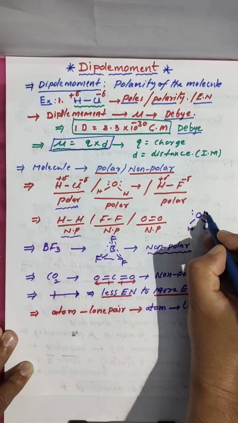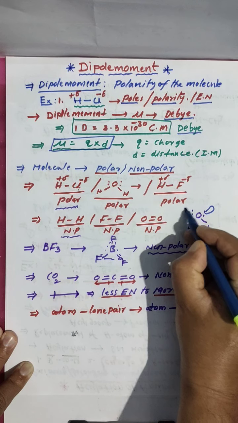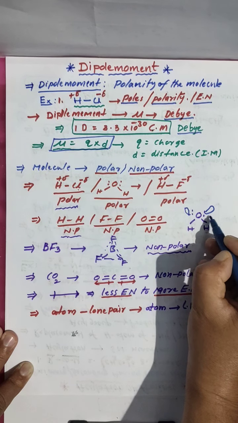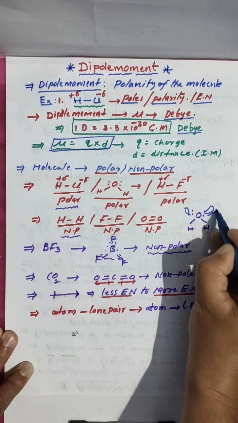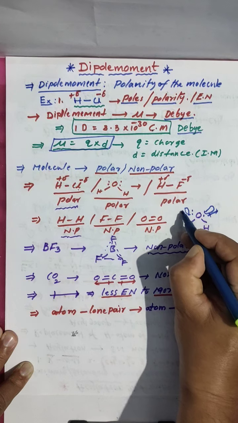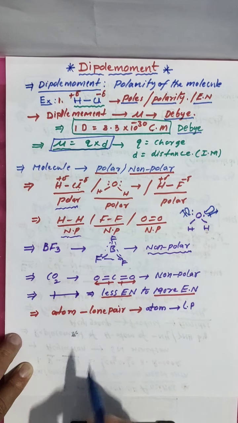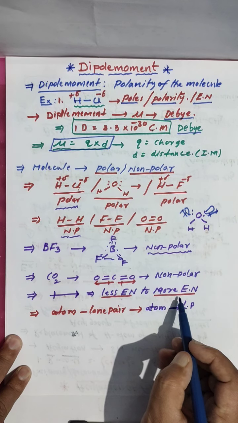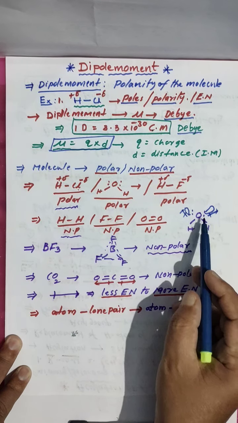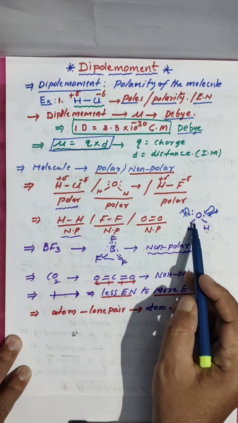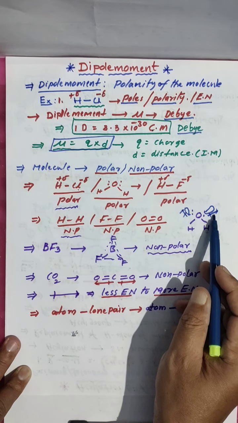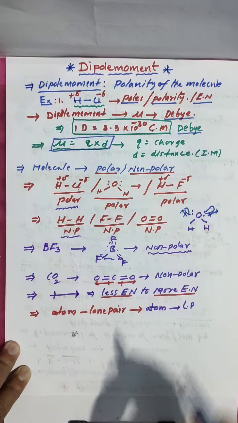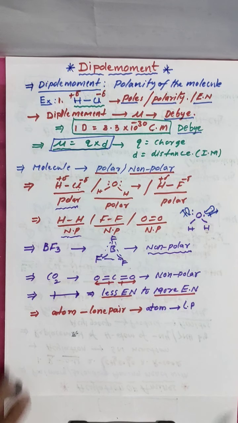Here one lone pair, and this is one lone pair. Now you show the arrow mark from atom to lone pair. If a charge is there, the arrow goes from less electronegative atom to more electronegative atom. If no charge but a lone pair is there, you show the arrow from atom to lone pair. This is the basic data you have to remember.